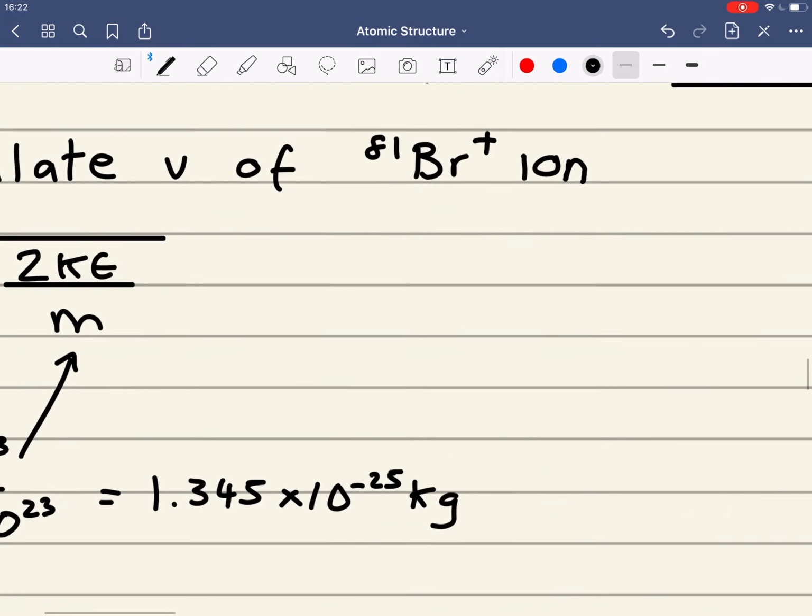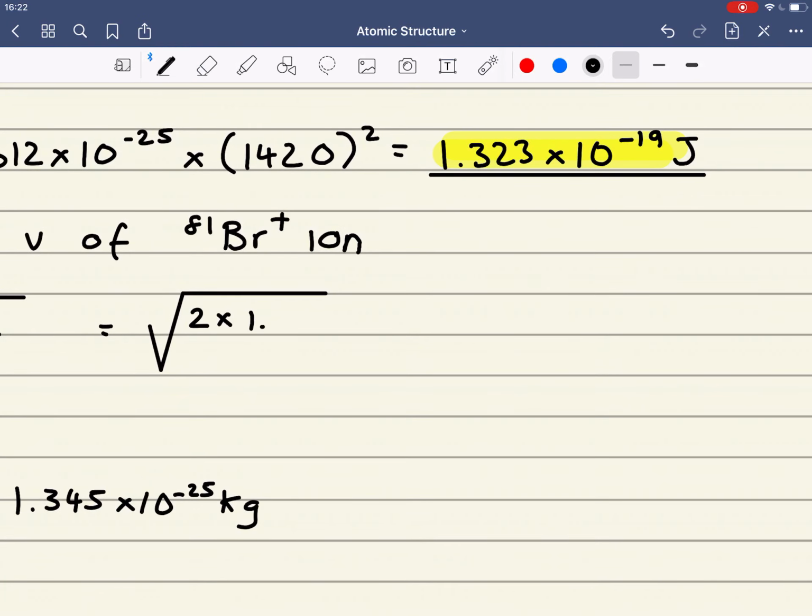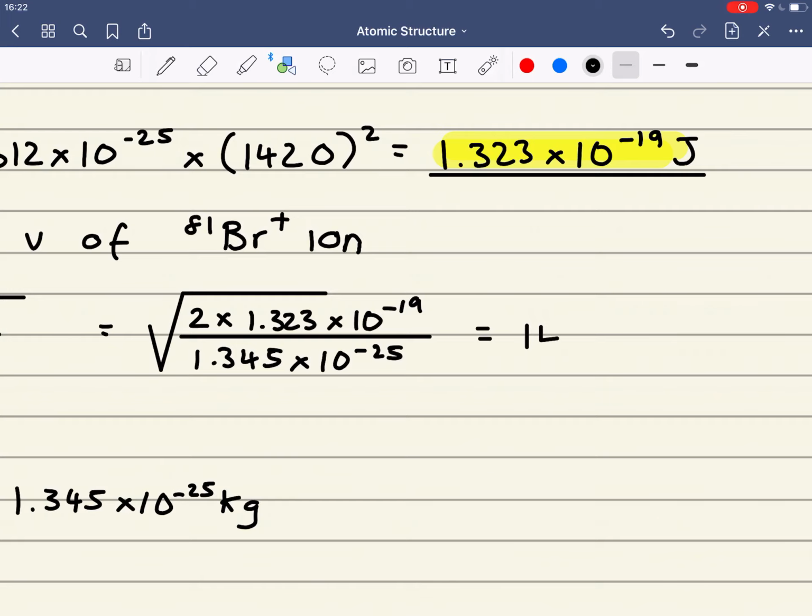So my velocity then is equal to the square root of 2 times the kinetic energy, which is 1.323 times 10 to the minus 19, divided by 1.345 times 10 to the minus 25. And that then gives me an answer of 1,402.6 metres per second.